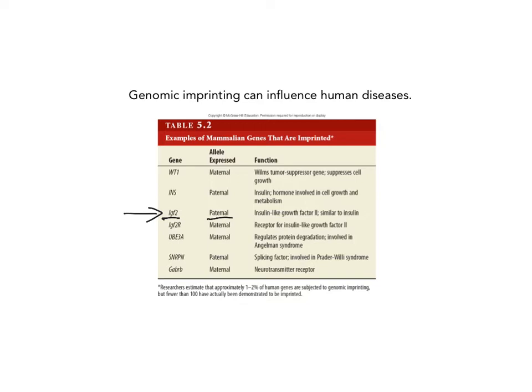Here I'm going to talk about a situation where you've got two genes that are under the influence of genomic imprinting, one in which the maternal allele is actually expressed, and a second one in which the paternal allele is expressed.